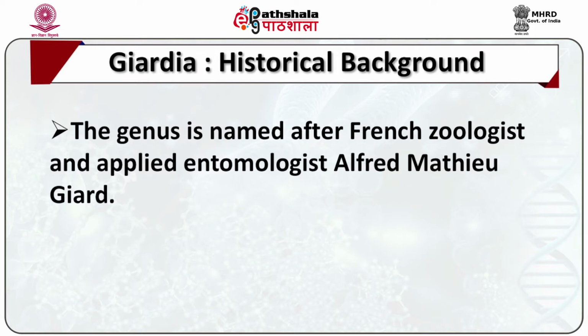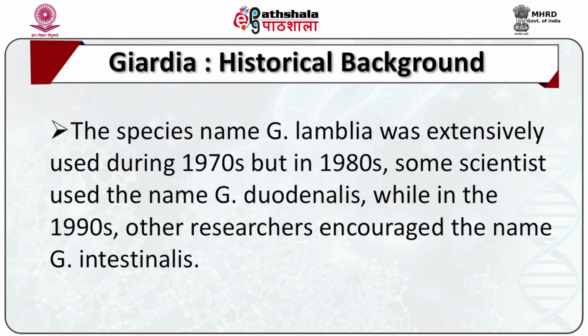The genus is also named after a French zoologist and applied entomologist, Alfred Mathieu Giard. The species name lamblia was extensively used during the 1970s, but in the 1980s scientists started using the name duodenalis, and later on in the 1990s other researchers promoted the species name intestinalis.